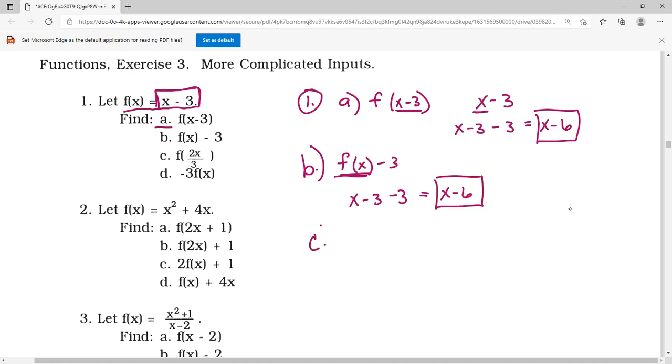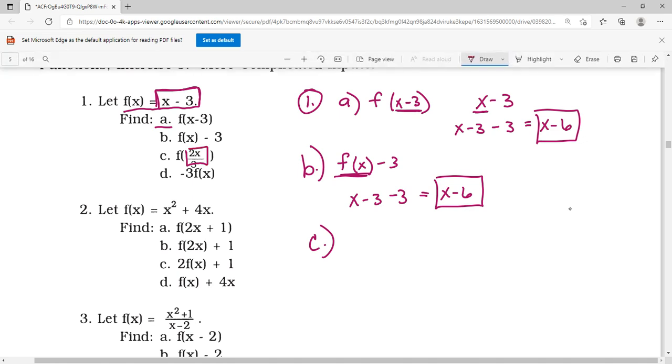All right, C, this one we're dividing. Actually, we're not. We're replacing our function with a division. So we've got f of 2x over 3, right? And if our function is x minus 3, we have to replace our x with 2x over 3 minus 3.